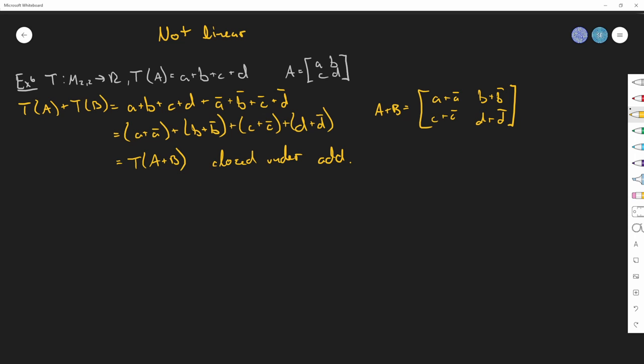Now we're going to check if it's closed under multiplication.